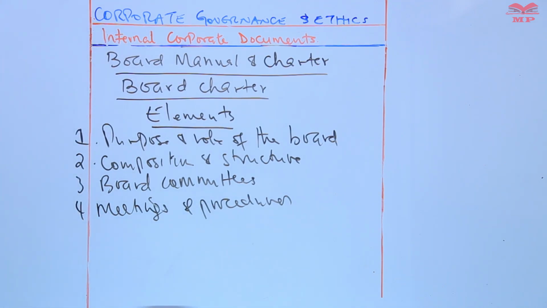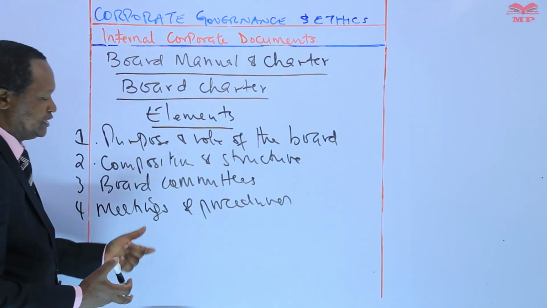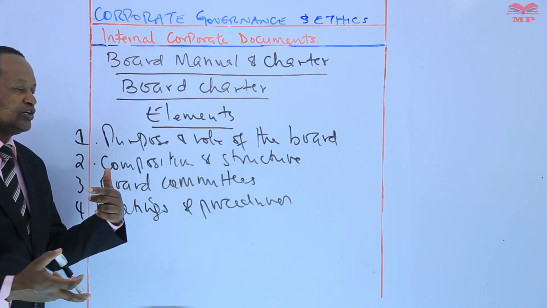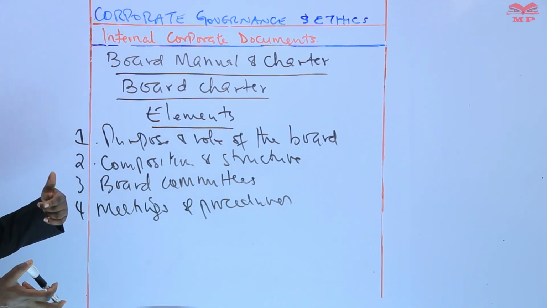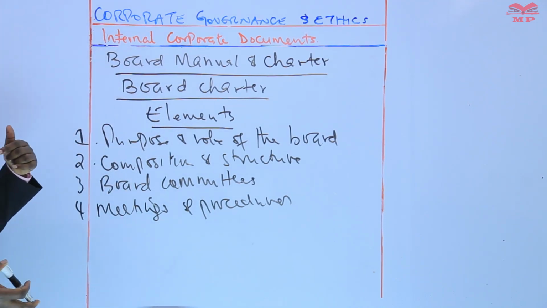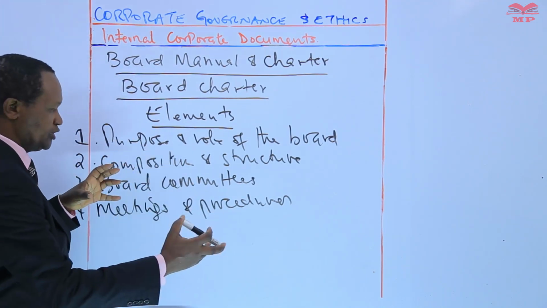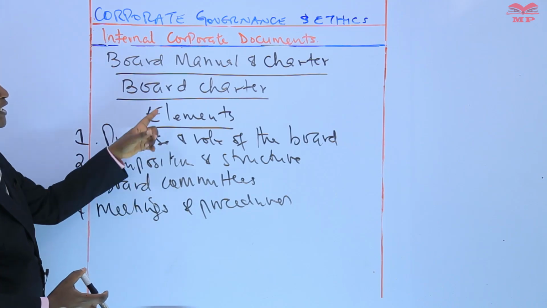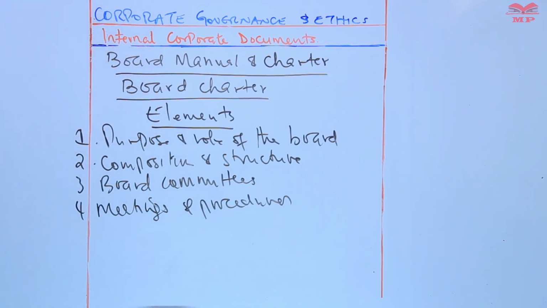How often does the board meet? What is the structure of the meetings? What is the procedure when it comes to meetings of the board? What are the communication protocols within the board? That has to be clearly stated in a board charter.